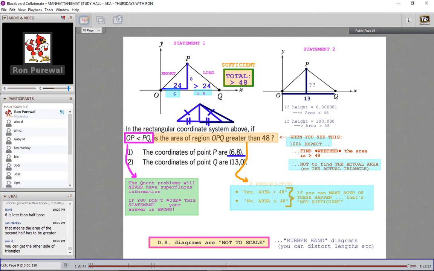So this is not sufficient. Give me a smiley if that makes sense. So overall, it's A like alligator. Sweet.